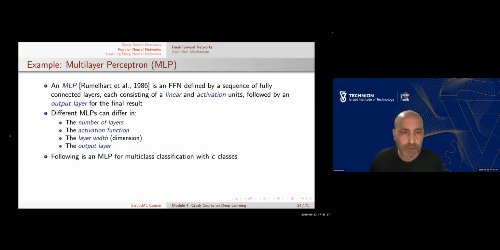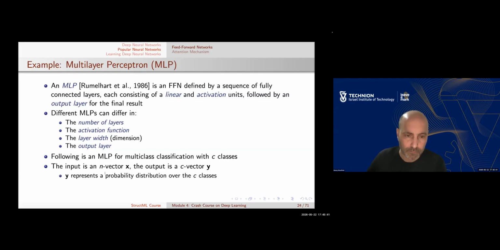Okay, so we'll see an MLP for multi-class classification with C classes. The input is a vector of length n, and the output is a vector of length C, a probability distribution over C classes. And you can guess which unit is going to produce this probability distribution.